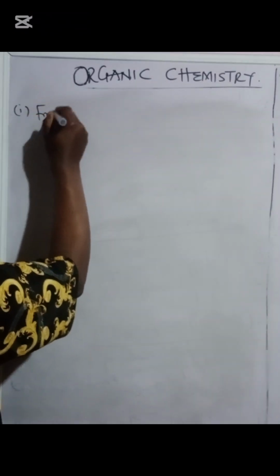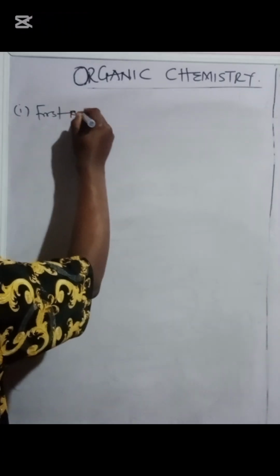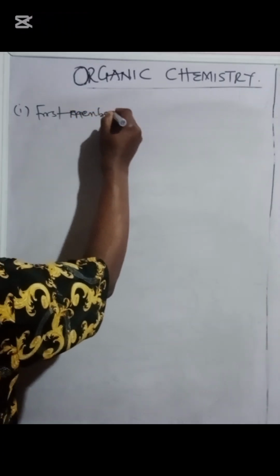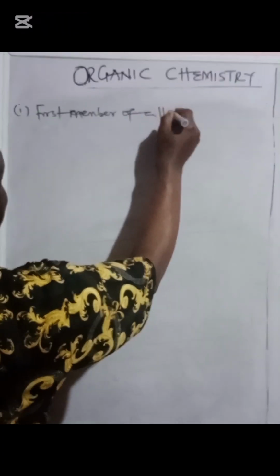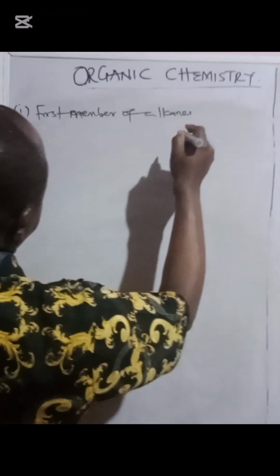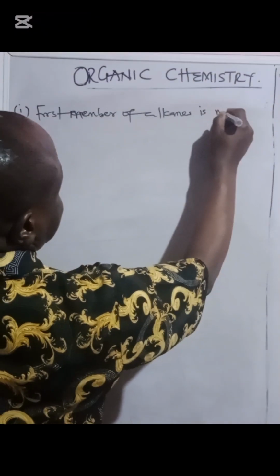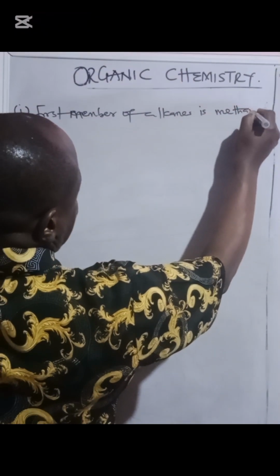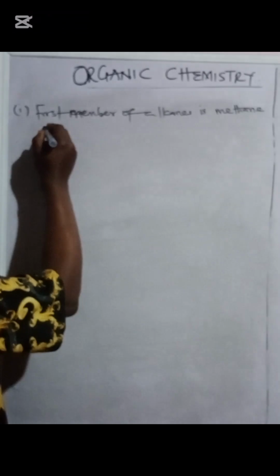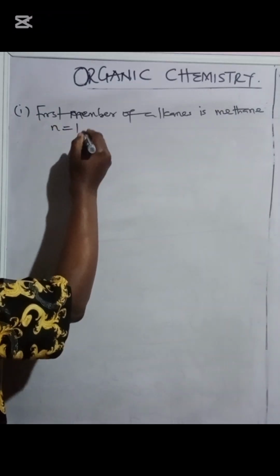The first member of alkanes is methane. Remember, meth means one, then ane is the suffix. So methane has one carbon atom, n is equal to 1.